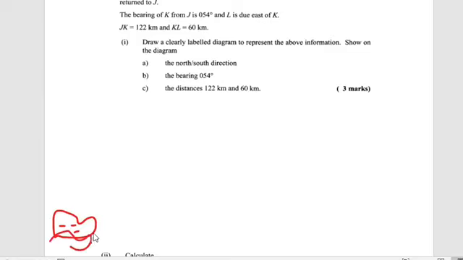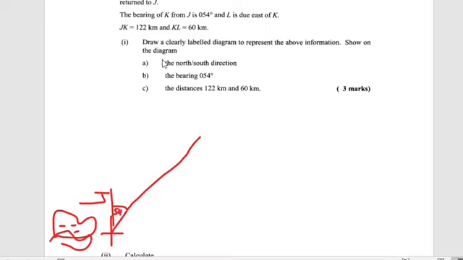So I'm going to call this point right here J. And it says the ship sailed from J to K, and the bearing of K from J is 54 degrees. So I'm assuming north at 0 and then 54 degrees, so right here is 54 degrees.